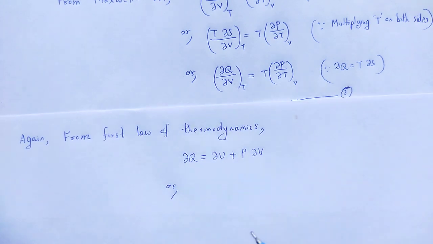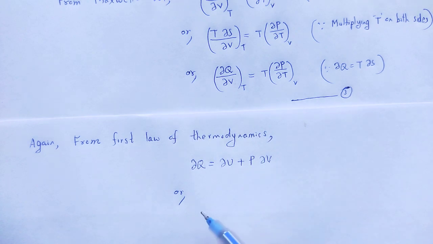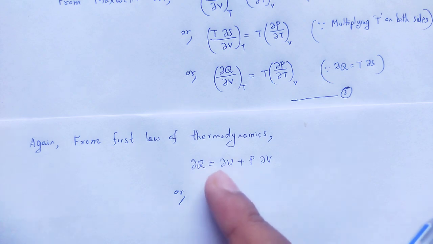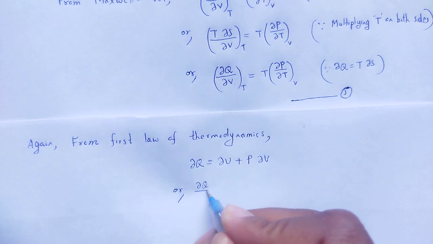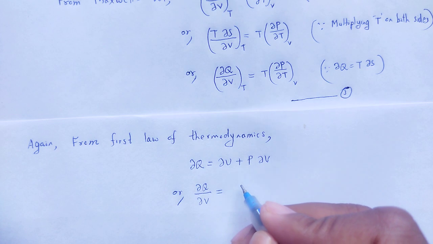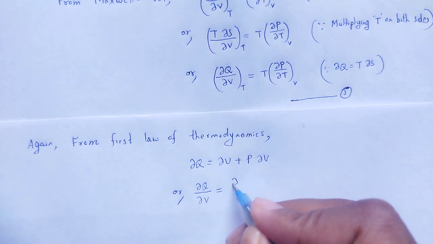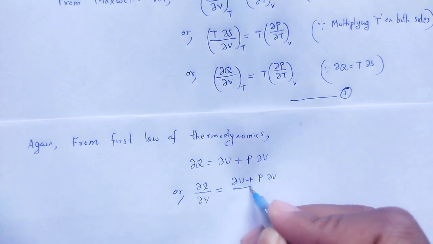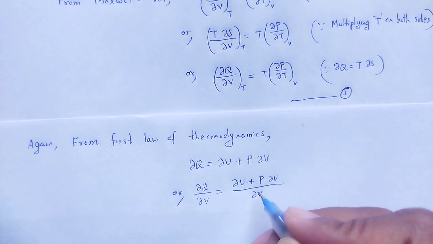Let us divide by ∂V on both sides. So, ∂Q/∂V is equal to (∂U plus P ∂V) divided by ∂V.